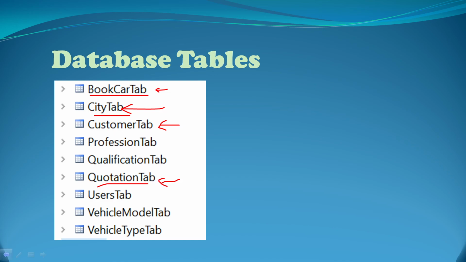Users table: when a user signs up, the information goes to the users table. Vehicle model table: all the vehicle model details are stored here. Vehicle type table: the different types of vehicles are stored here.